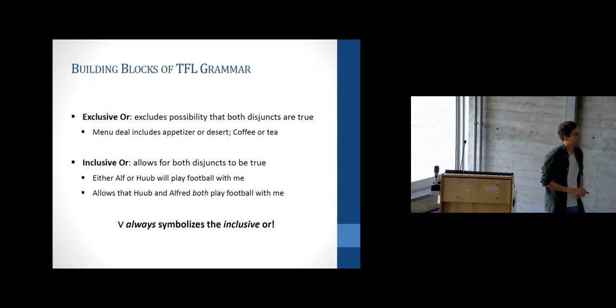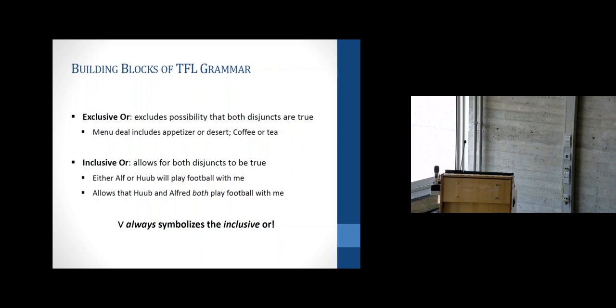Disjunctions come in two flavors: the exclusive or, the exclusive disjunction, and the inclusive or, the inclusive disjunction. The exclusive or excludes the possibility that both disjuncts are true. In the wild, when you use English and other natural languages, oftentimes people actually mean exclusive or.